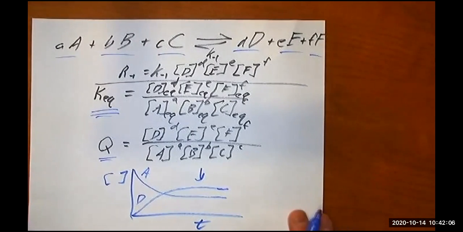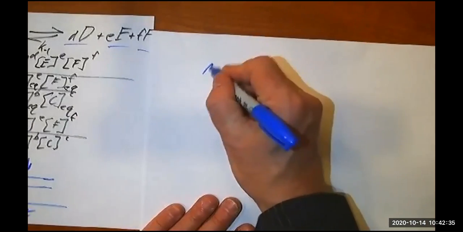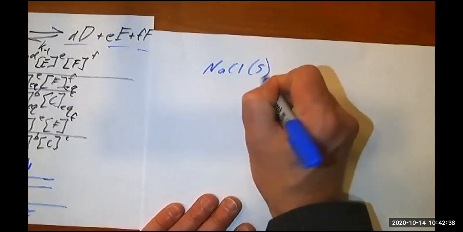Certainly any solute, certainly any gas, but a solid or the solvent or a liquid by itself, those you do not include, because if you think about the concentration of a solid, for example, say sodium chloride solid.